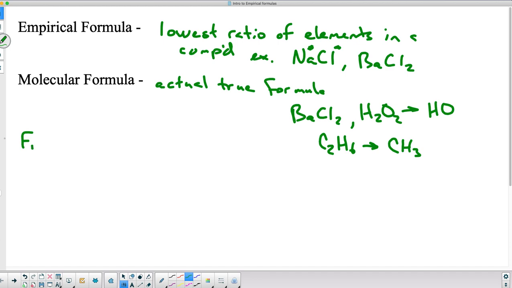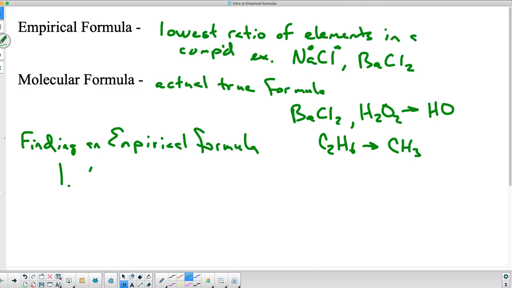So this is called finding an empirical formula. Okay. The first step is, you're going to be given a problem that usually has percents.